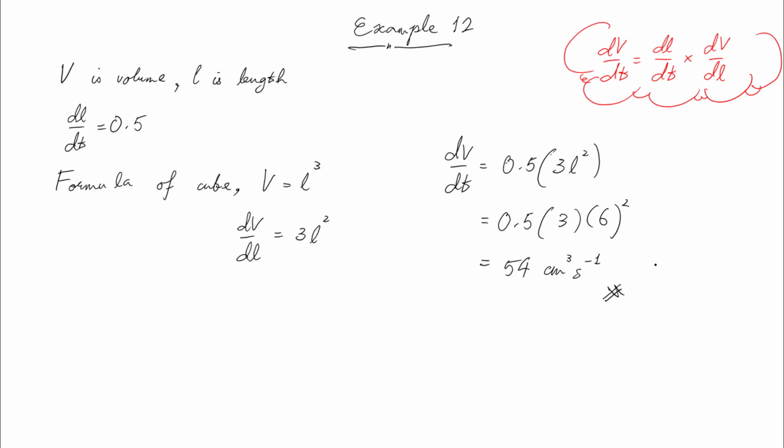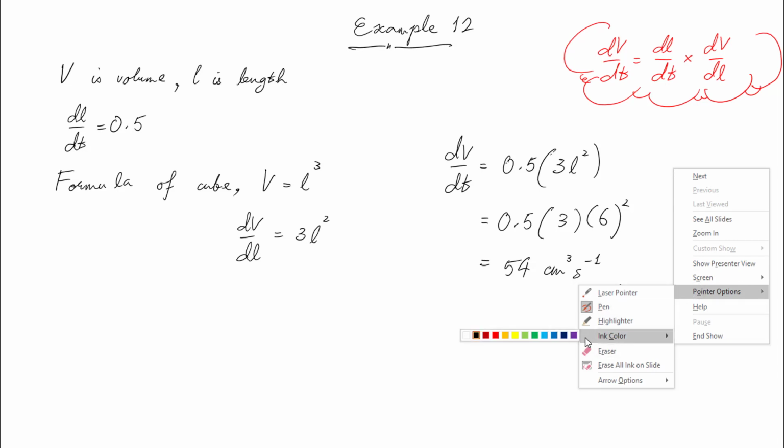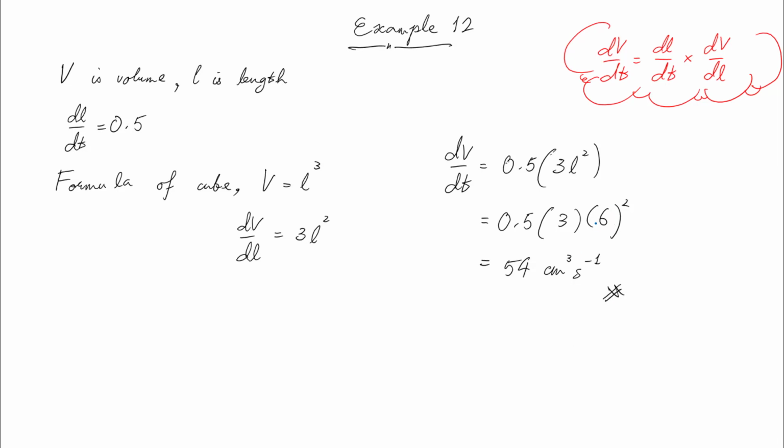One thing that I have to remind all of you is, you don't substitute this 6 value until the very end of our working steps. Always remember this: whatever value is given in the question, you don't substitute it until the very last part.